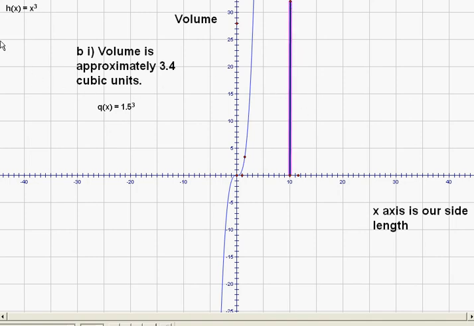Matter of fact, if I did the calculation, 10 cubed, then I know that my cubic units is going to be 1,000.